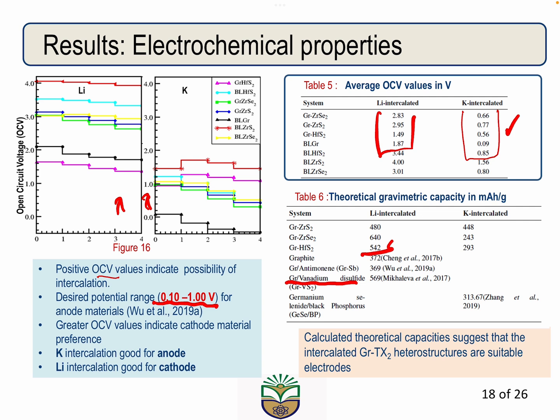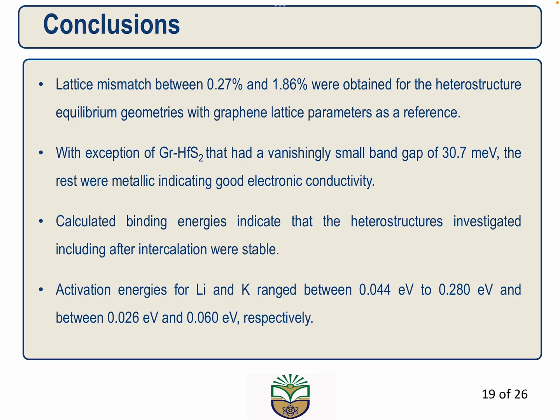For the potassium intercalated systems, we found that the graphene zirconium disulfide had a higher gravimetric capacity that is even higher than for other materials that have been studied, and this was a positive thing for electrode material applications.